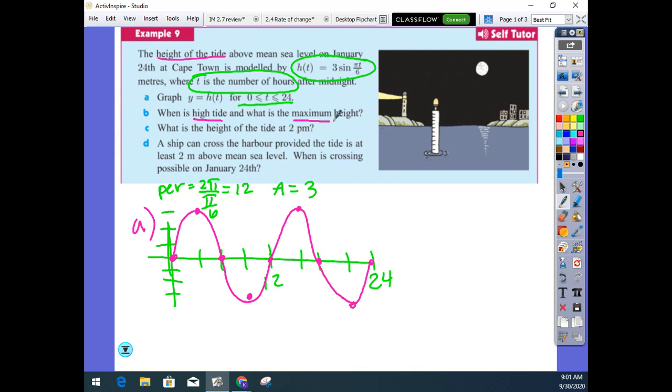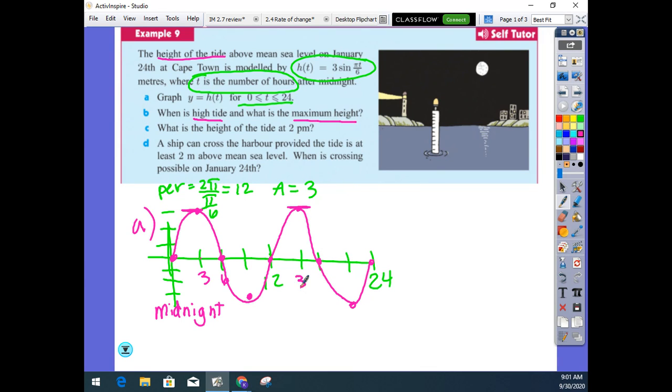High tide, what's the maximum height? All right, so we can see the maximum height occurs here and here. This is midnight. So this is 6 hours. So this is 3 hours after midnight.